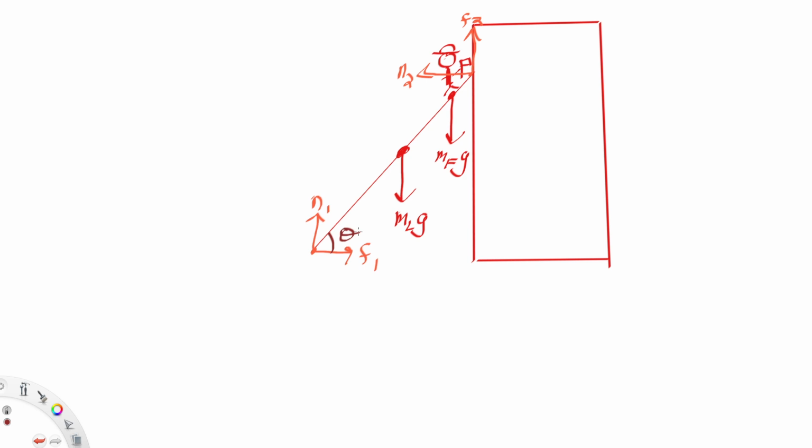We want the ladder to be stable for the firefighter to climb all the way up. Because we want it to be stable, we need two things. We need the sum of forces to be 0. We need the sum of torques to be 0.